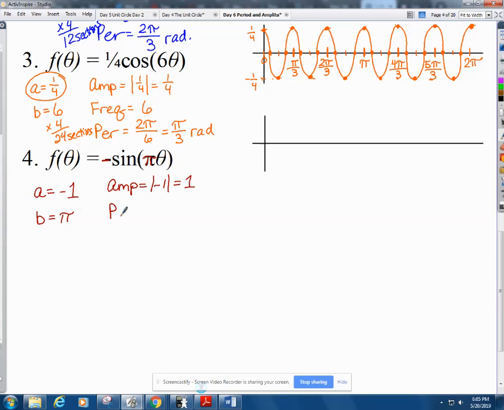Your frequency is just your B value, which in this case is pi. So that basically means you have pi curves in the length of one parent function. So pi is really 3.14. So we're going to have 3.14 total curves from 0 to 2 pi.